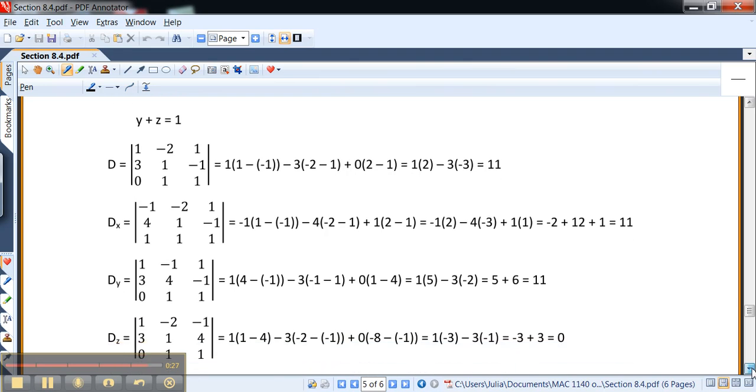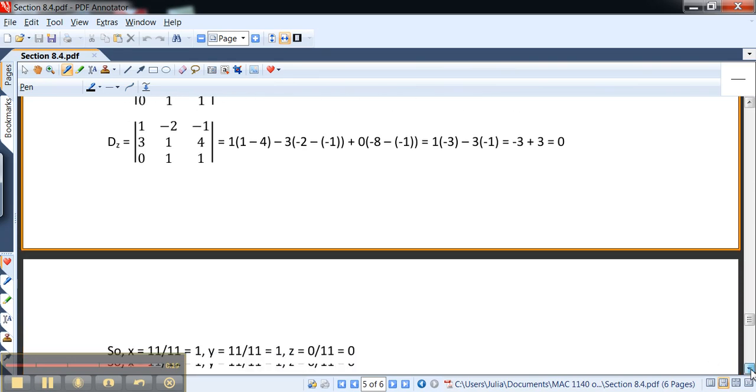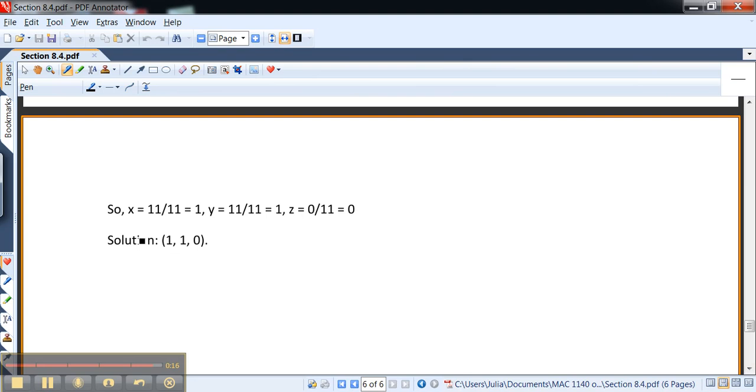So we compute the determinants, and I do show you, walk you through them. And a lot of times when you divide at the end, they cancel out. For example, a lot of them were 11, so x happened to be 1, y happened to be 1, and z happened to be 0. So here is the solution for the 3 by 3 Cramer's rule.